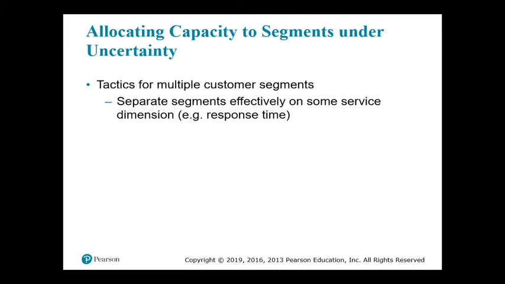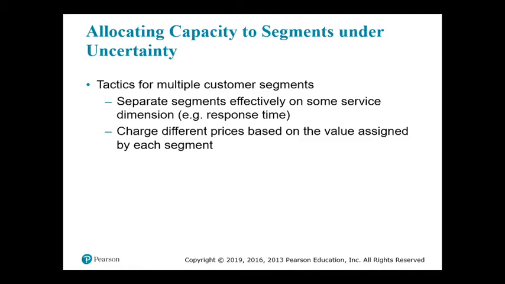One is to separate them on some service dimension. The most commonly used one is response time. And the other one is charge different prices based on the value assigned by each segment.